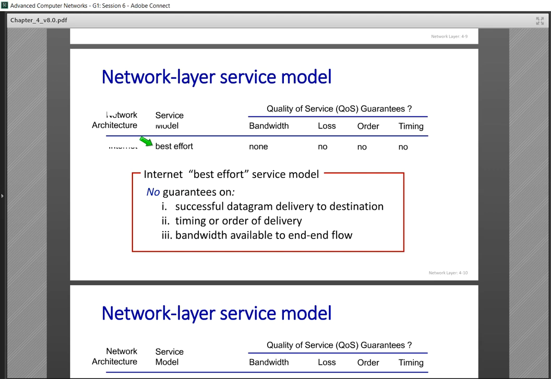It means that it will try according to its power. It will try to do. And inshallah, your packets will arrive at the destination. Inshallah. Okay? It means best effort. So we have no guarantee on successful delivery. We have no guarantee on time of delivery. We have no guarantee on bandwidth availability. We have no guarantee.